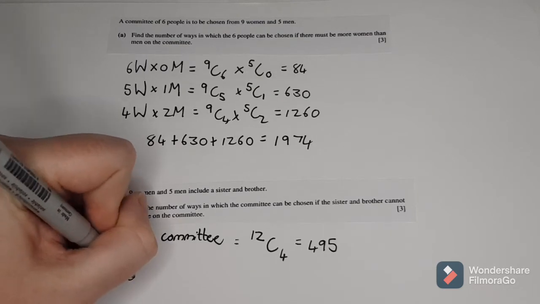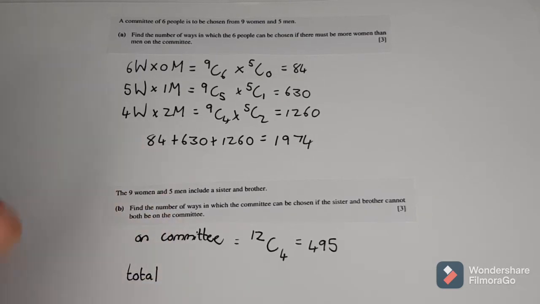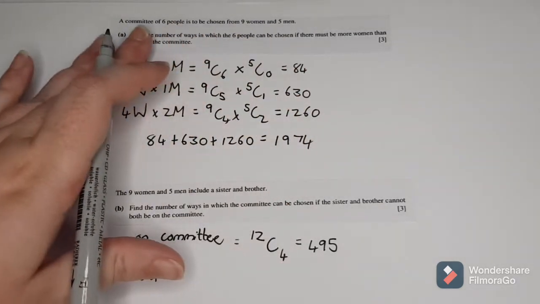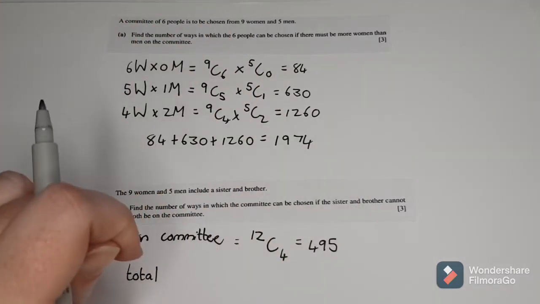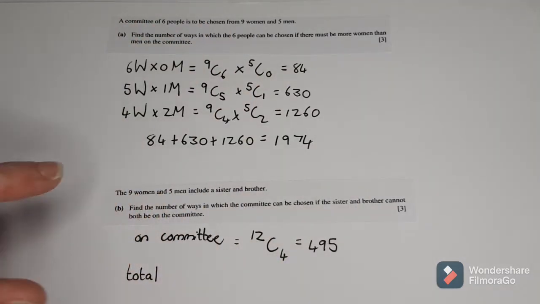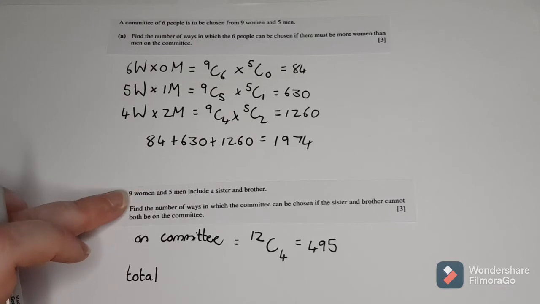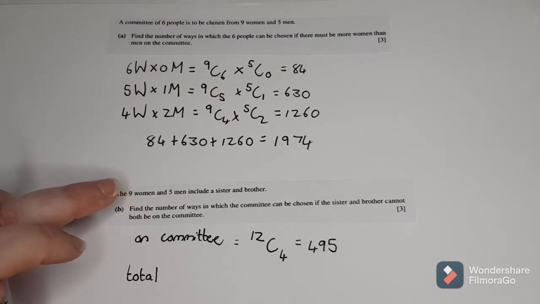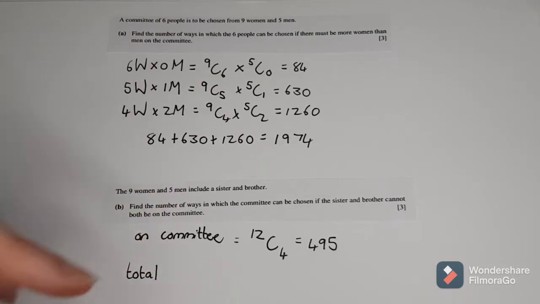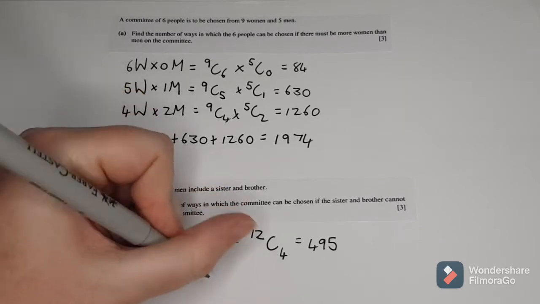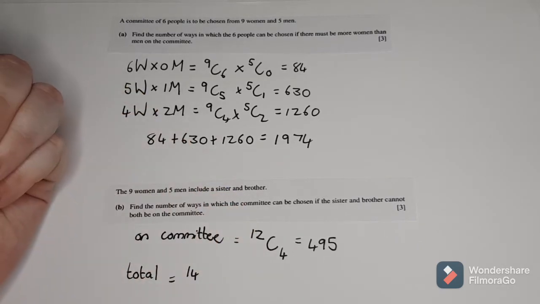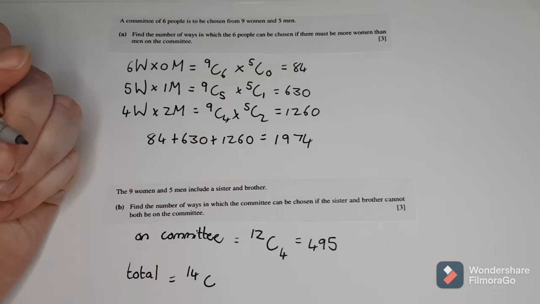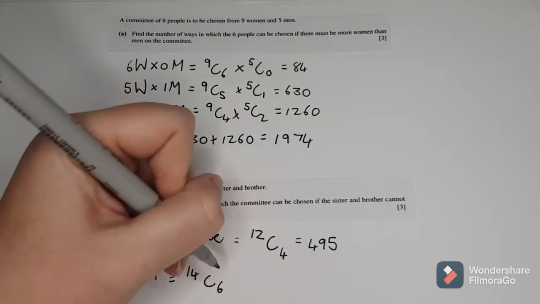So our total, unrestricted, so we don't have to worry about the first question with more men or women, is simply choosing 6 people out of the total number I have. So I have 9 women and 5 men. Out of the total, I had 14 people to choose from, and out of those 14 people, I chose 6.